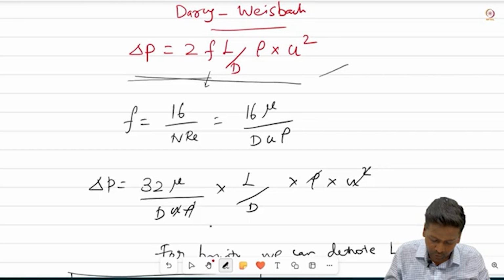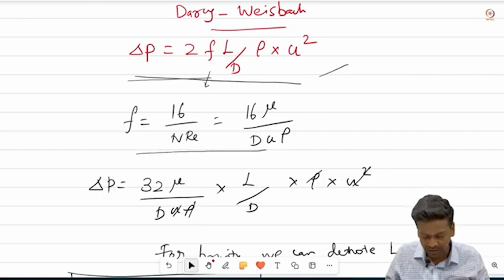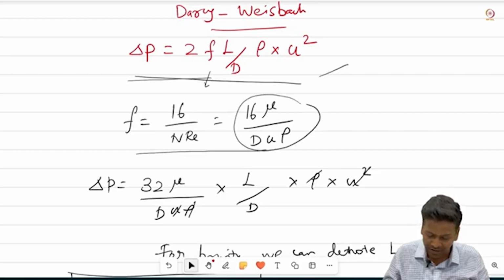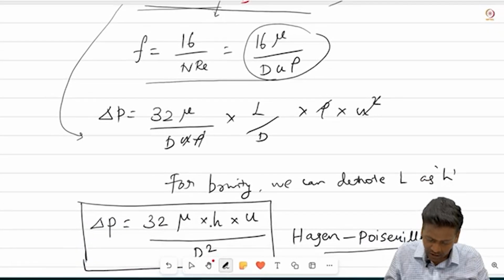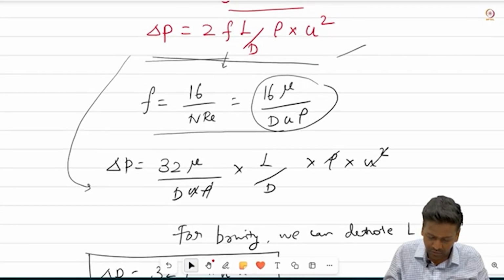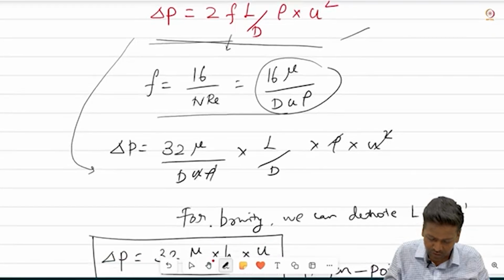For laminar flow, we know this relation, that the friction factor is going to be 16 by Reynolds number, which can be expressed in this form as well. Now, when we substitute this relation into this equation, we will get something like this: 32 mu L U by D square, right? Because we substitute this in place of the friction factor.